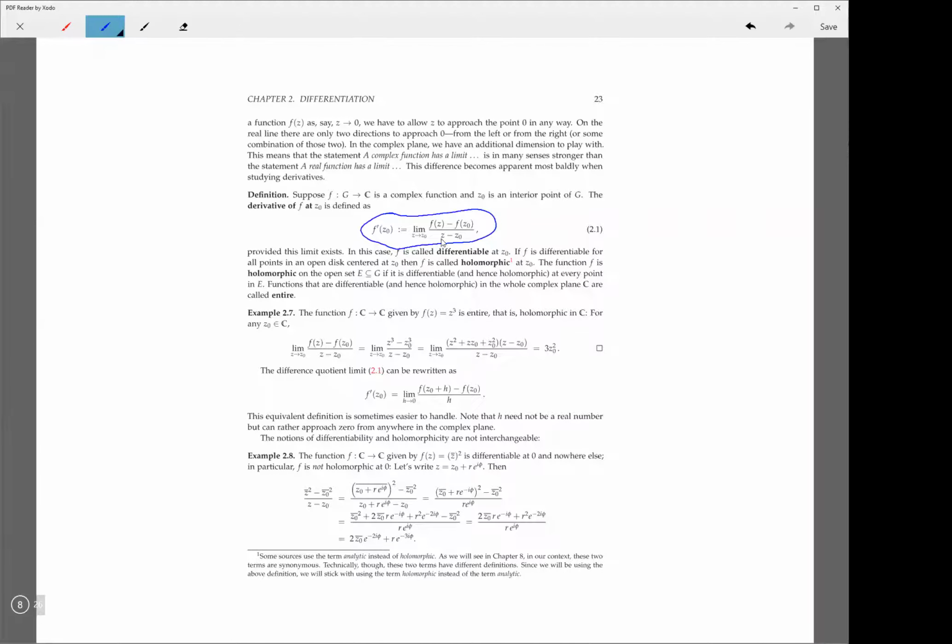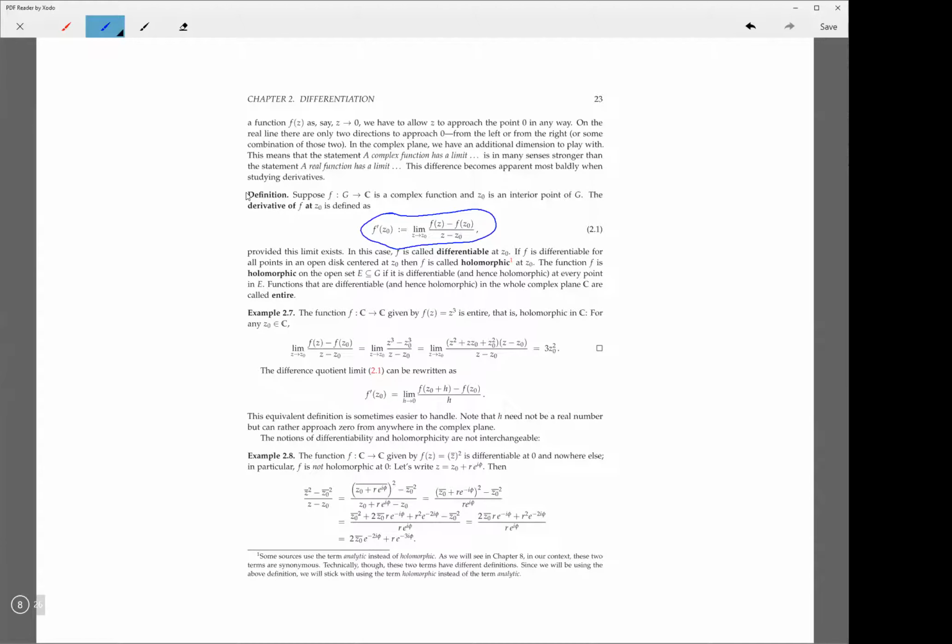Other than that, it's the same formula. Where this limit exists, f is called differentiable. If you're differentiable at all points in an open disk centered at z0, then f is called holomorphic at z0.